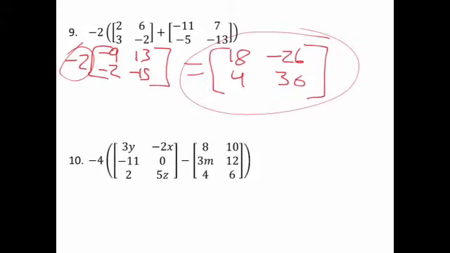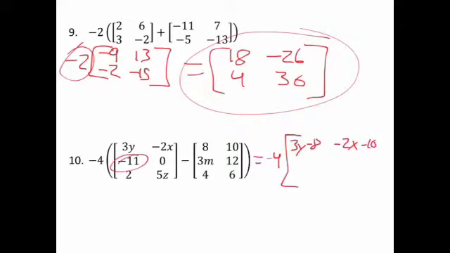Moving on to 10, again, I can do the subtraction part of this first and then times everything by the -4. So I'm going to do that. I'm going to put -4 out front and do some massive subtraction here. I got 3y minus 8. That's just 3y minus 8. And then I got -2x minus 10. Sorry, I forgot the x part.